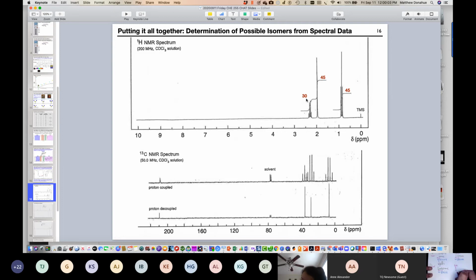If I take each of these and divide by 30: 30 divided by 30 is 1, 45 divided by 30 is 1.5, 45 divided by 30 is 1.5.